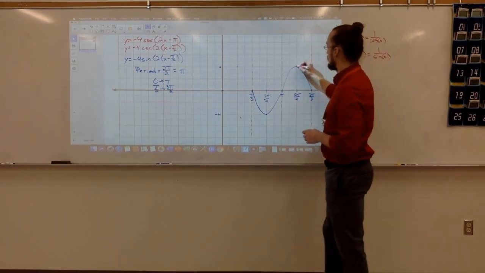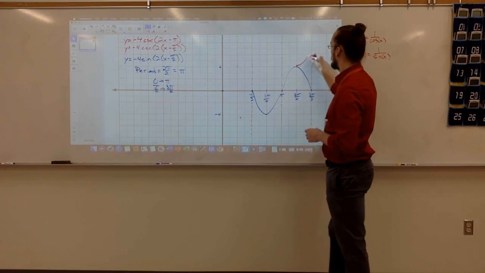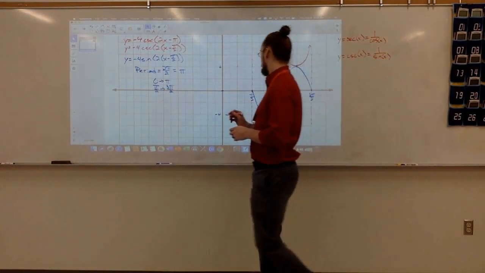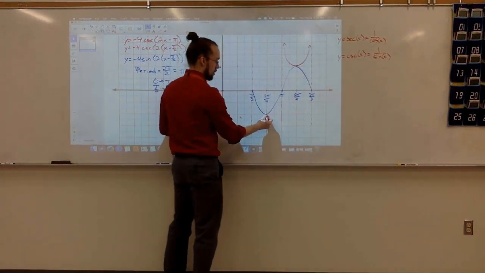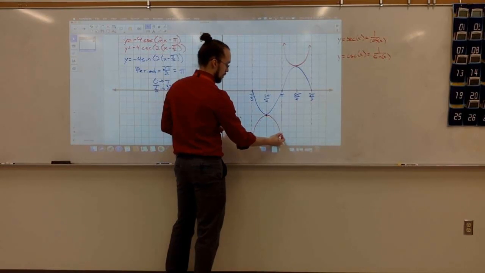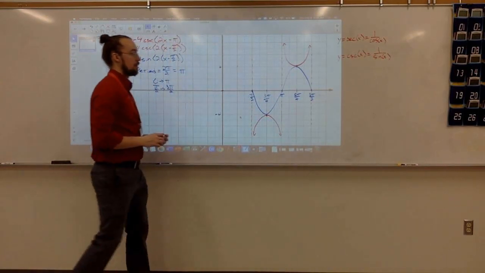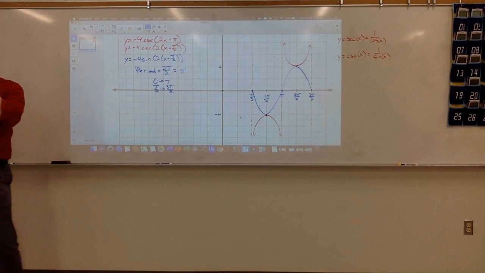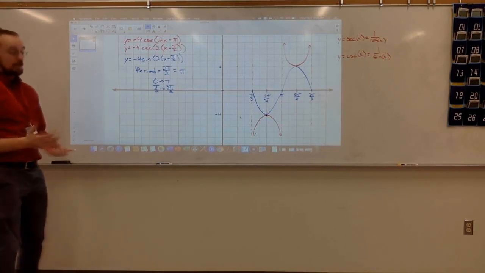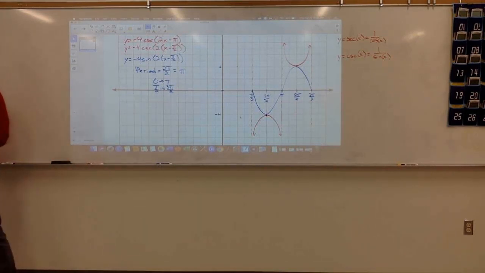And then sketch in our function in between the asymptotes, sharing 1 point in each part. If you know how to graph sine and cosine, you can definitely graph secant, cosecant.